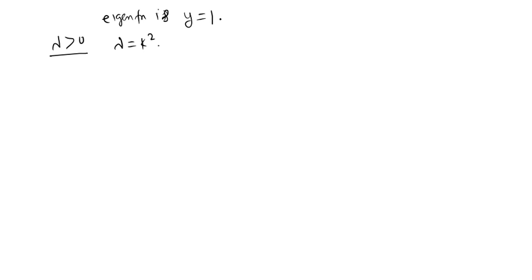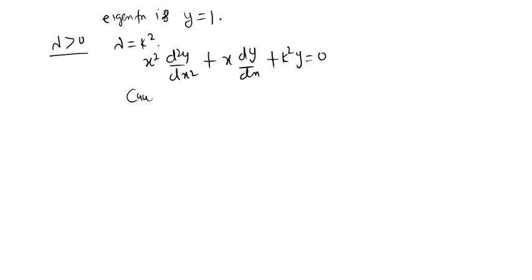Just apply the derivative: x square d2y by dx square, open the derivative by the product rule, plus x dy by dx plus k square y equal to 0. So this is the famous Cauchy Euler equation.